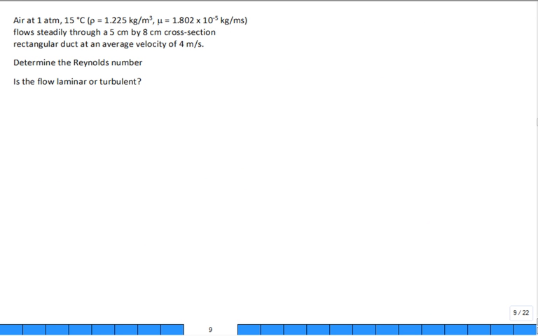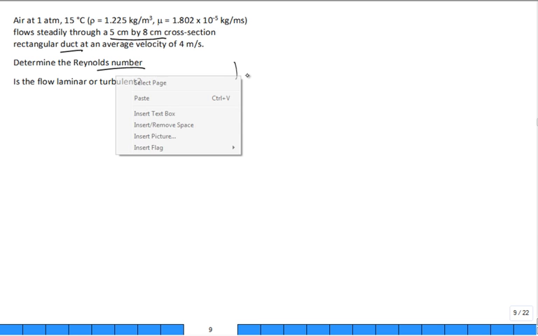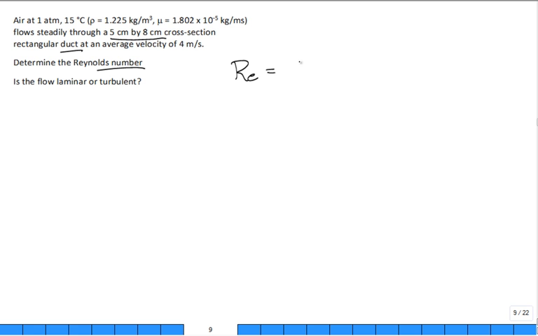I'm going to go ahead and skip this, but basically you'd have a cross section that's 5 centimeters by 8 centimeters, rectangular duct. You calculate the Reynolds number. What's the Reynolds number? Rho, some U average, D over mu, but we don't have a D, so we use a hydraulic diameter. And then you would say whether or not the flow is laminar or turbulent, compare it to 2300, the critical Reynolds number for flow inside of a pipe.